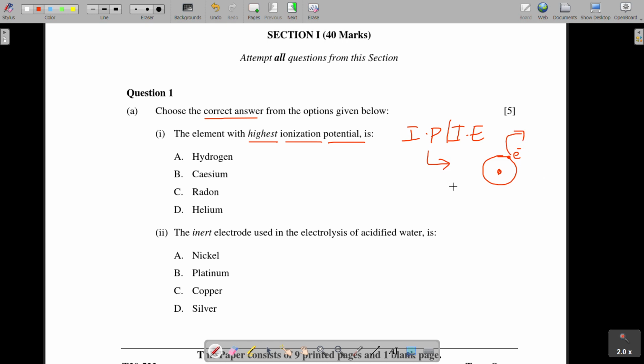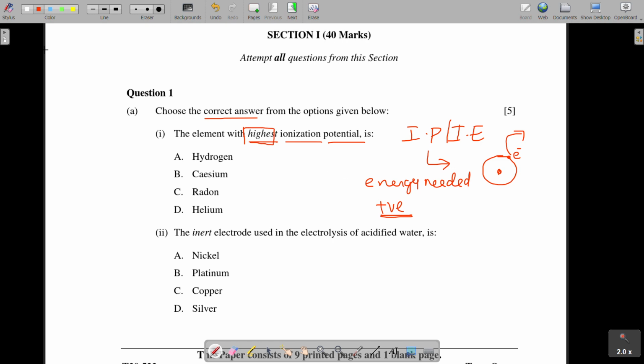So it is the energy needed, meaning if you are giving energy to the substance, then that will be positive, meaning endothermic. So ionization potential is the energy needed to remove an electron from the outermost shell, which will be positive. But what they are asking here is the highest ionization potential.